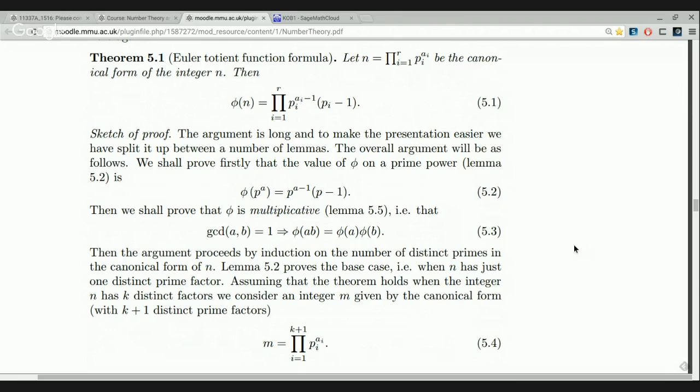Now, not for any old a and b, only in the case where the two factors a and b are co-prime to one another. So we say a function is multiplicative if it factorizes like this: phi of ab is equal to phi of a times phi of b on co-prime factors a and b.